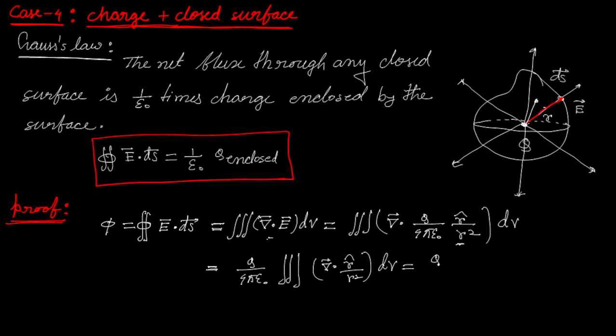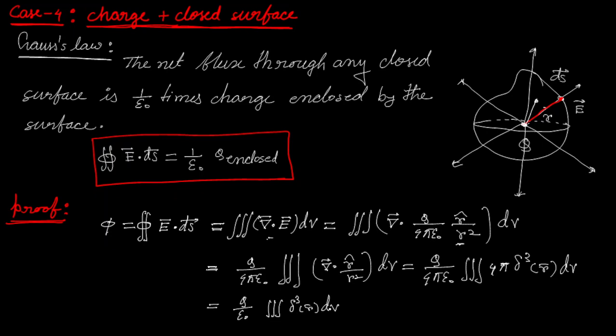So the divergence of this vector will be 4 pi times the Dirac delta function at the position of the charge, into dV. Now 4 pi will cancel out, and we get Q divided by epsilon naught, and then dV into the 3-dimensional Dirac delta function.